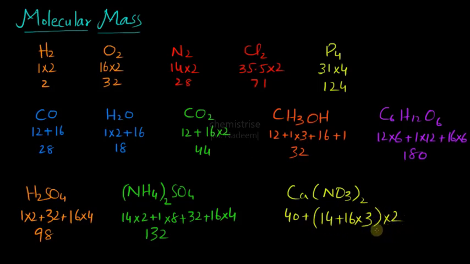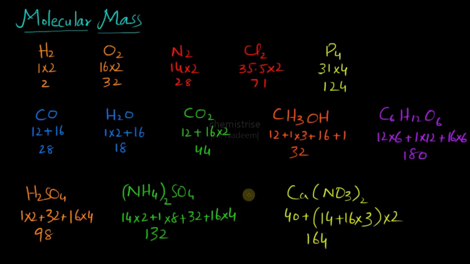That is also a good handy way to solve this. So it's 40, then use a bracket, put the mass 14 for nitrogen, oxygen is 16 times 3, and they both get multiplied by 2. That is a good idea, with fewer chances of errors. So the answer is 164.